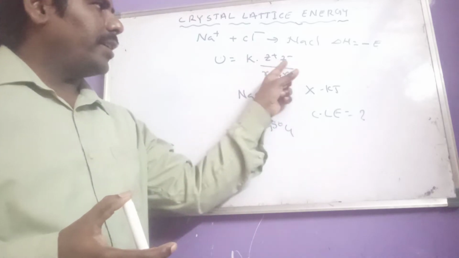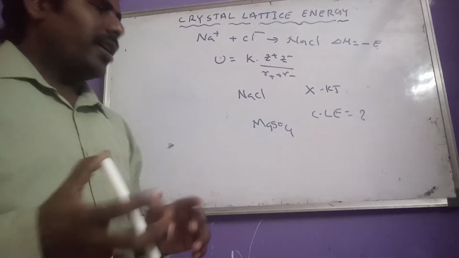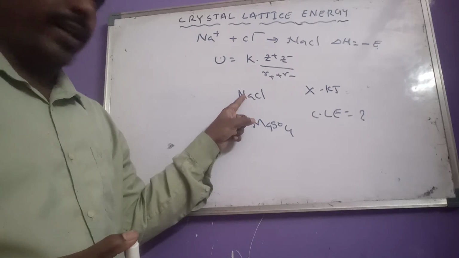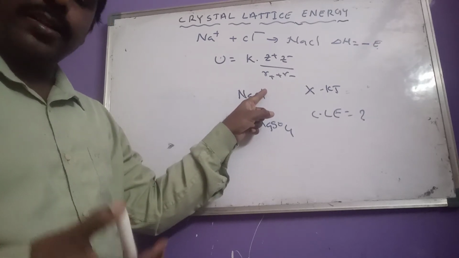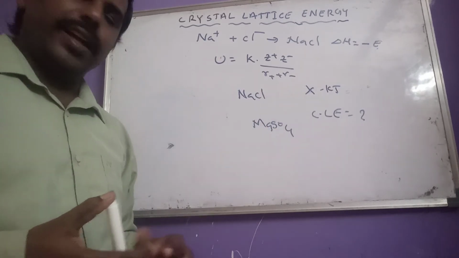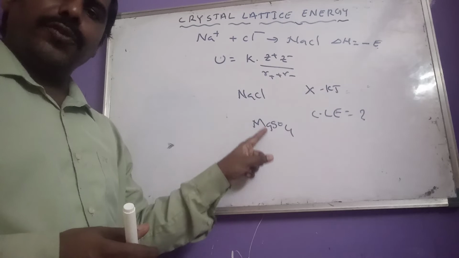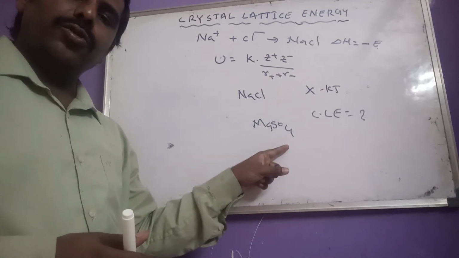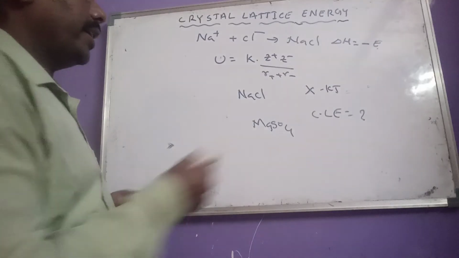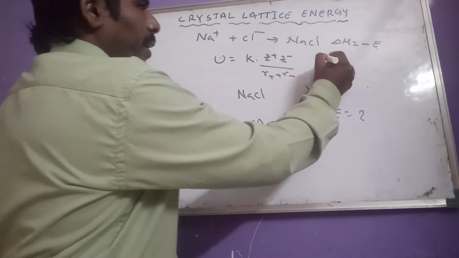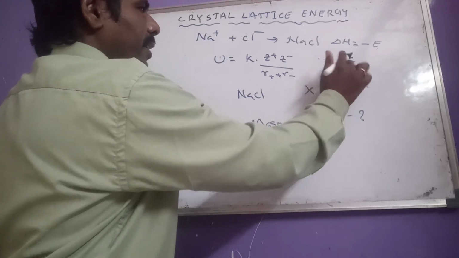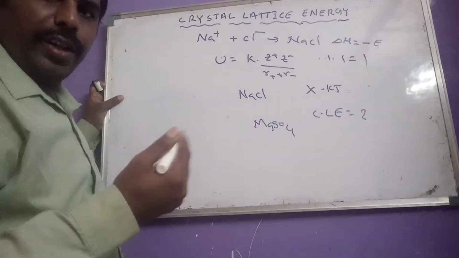Now we have to concentrate on the charge. What is the charge of the cation? +1, and the anion also 1 unit, that means -1. But MgSO4 has a +2 charge for magnesium and a -2 charge for SO4. If we use +1 into -1, of course no need to consider plus and minus, 1 into 1 means 1 unit.